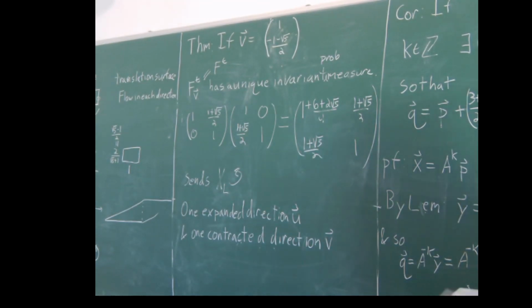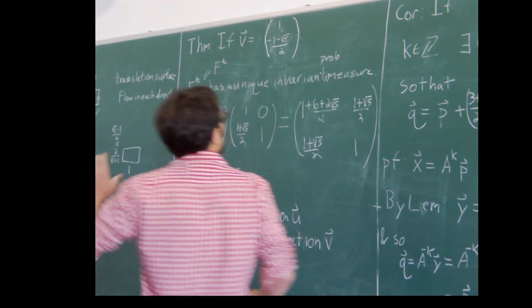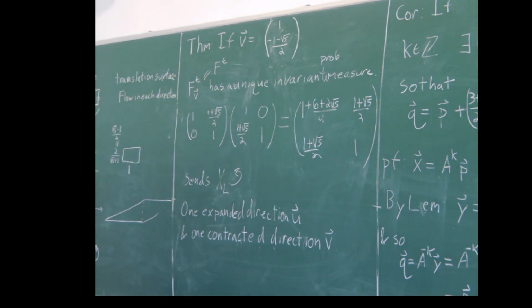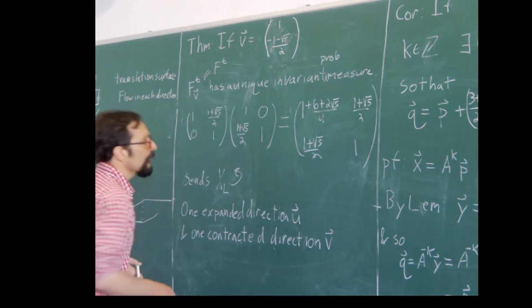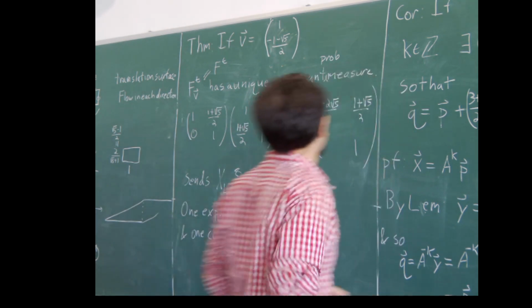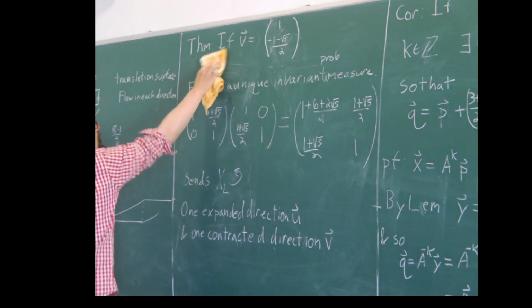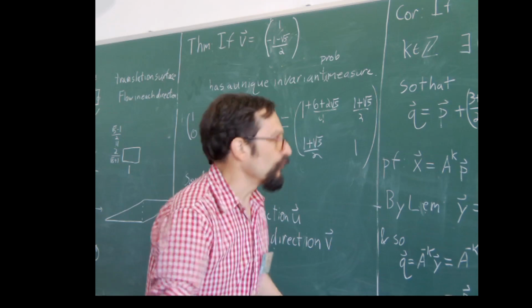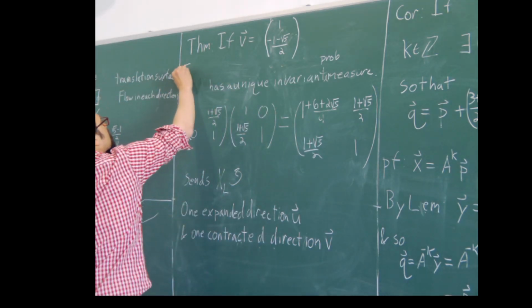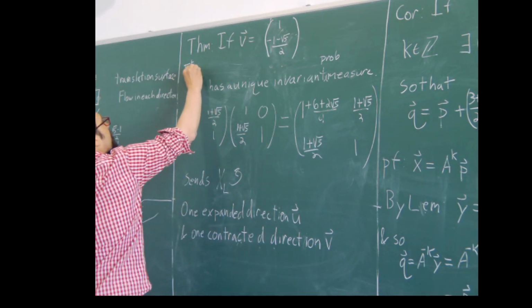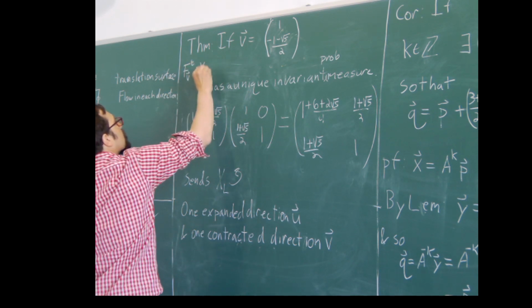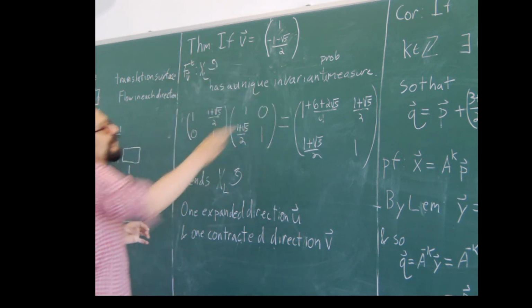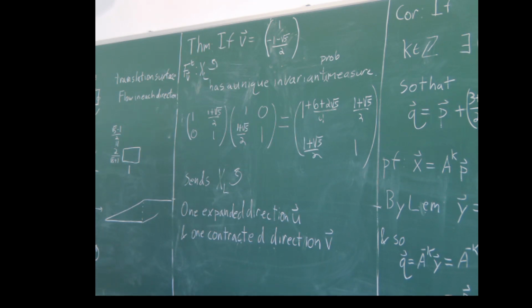And we have a similar theorem to before. This theorem is also true for the golden L. So Ft of V, where V is the contracted direction, has a unique invariant probability measure. And the proof largely goes the same way it went beforehand. But there's an issue that shows up.